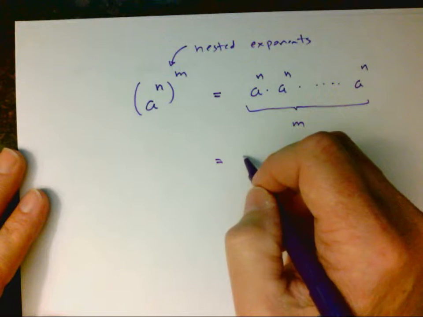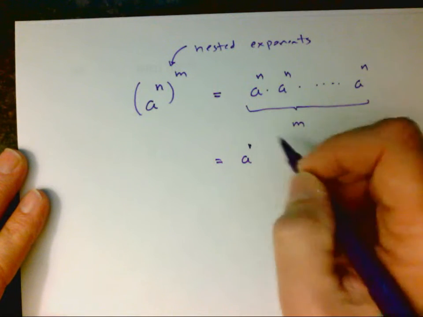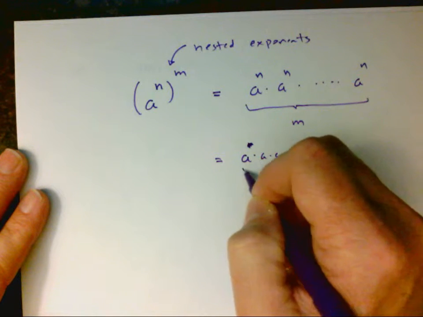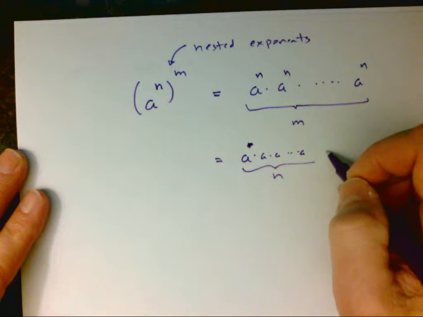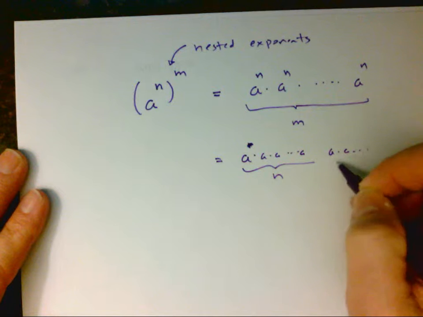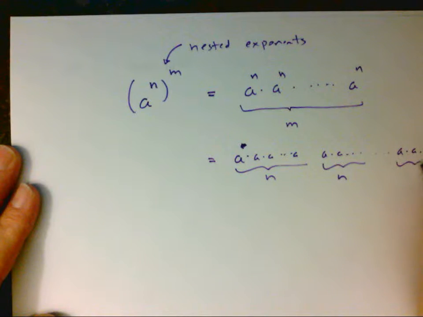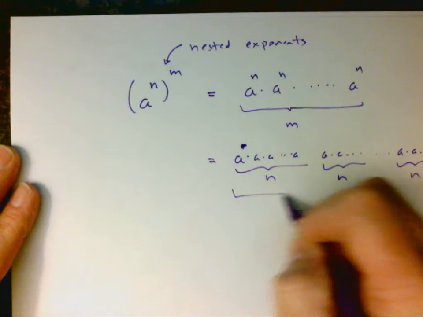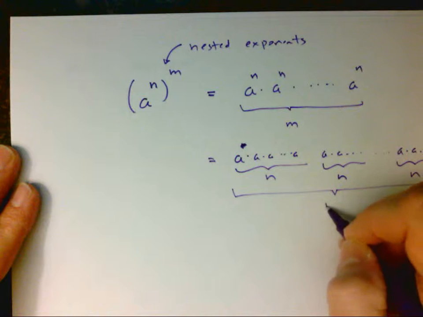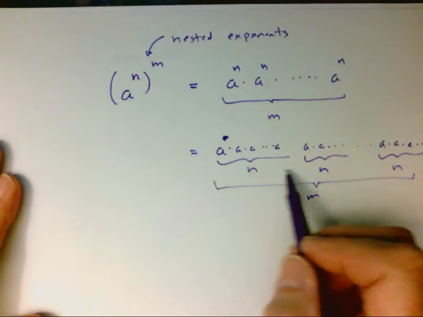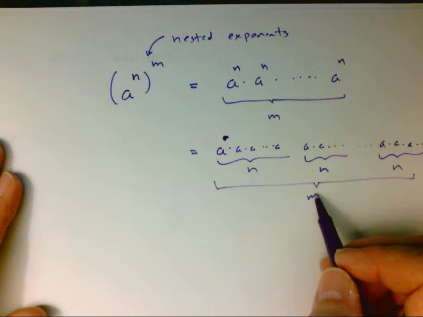Well, that means you have a times a times a, you have n of those, and then you have a times a, you have n of those again, and then you have a times a times a, and you have n of those again, but you do all of that m times. You have m groups, each of them containing n. So you have m boxes.